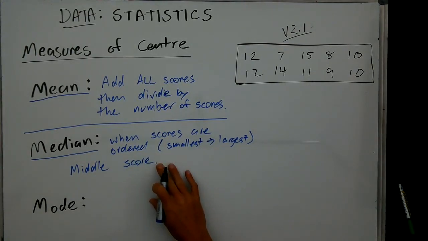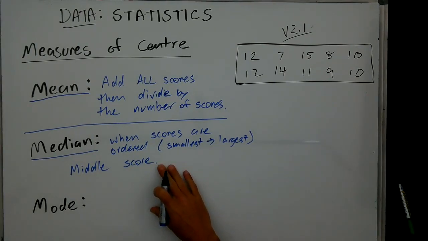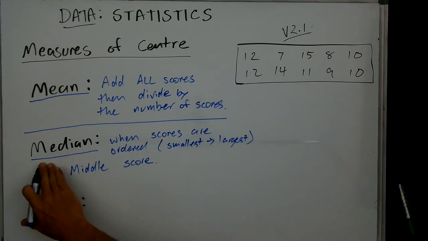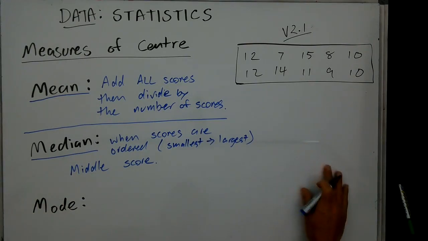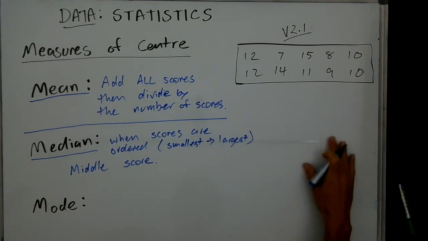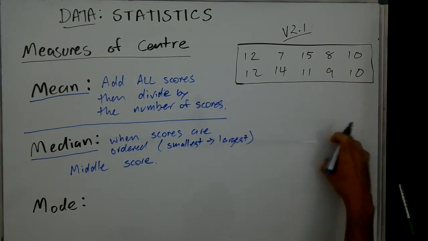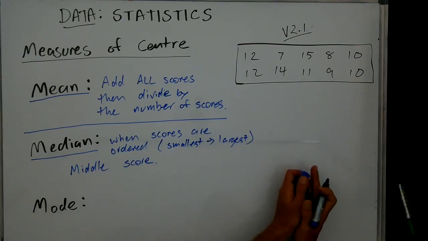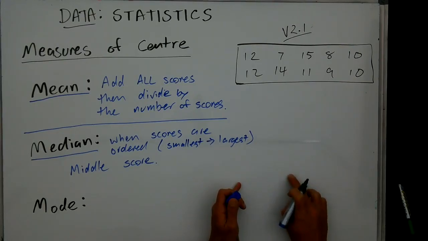There's a little formula that goes with this, and the idea of the formula is it tells you what position the median will be. If we have an even number of scores and divide them into two halves, we've got nothing in the middle.